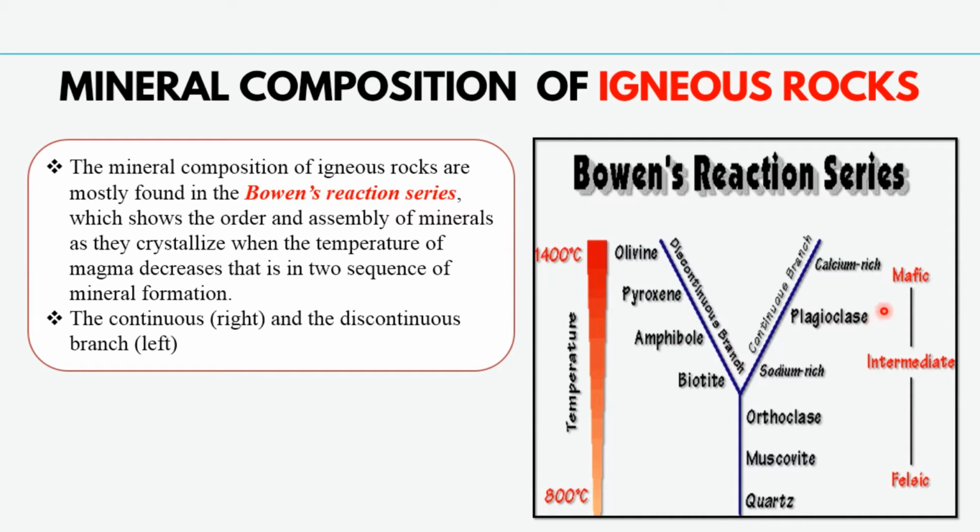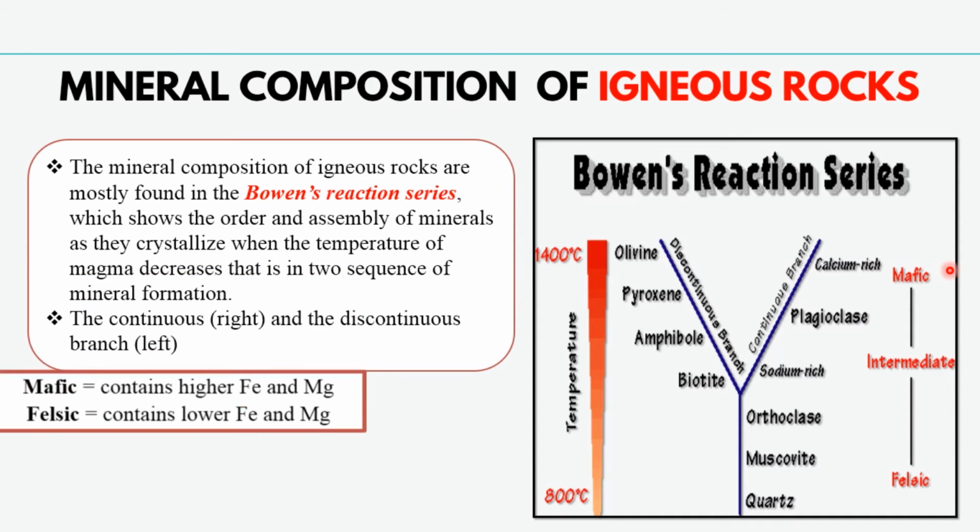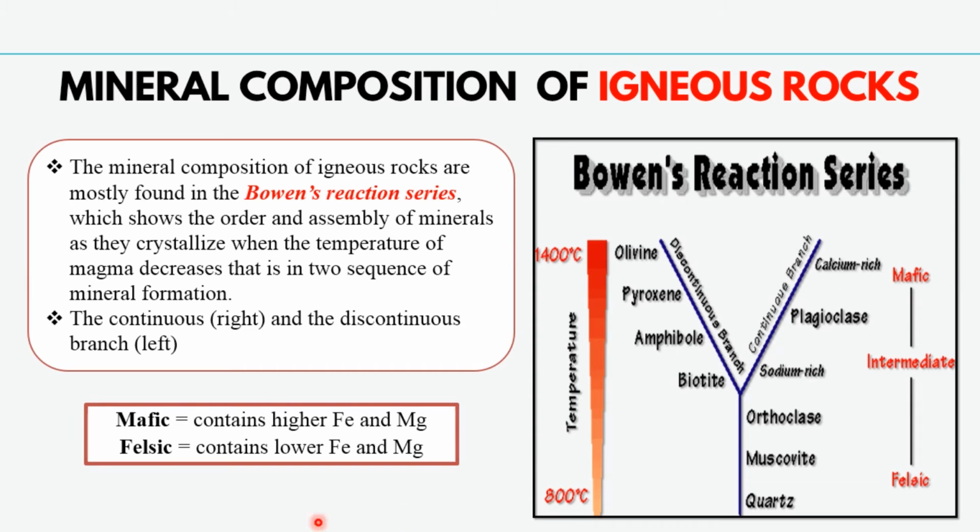Because of the temperature, this plagioclase can produce another type of mineral, which are orthoclase, muscovite, and quartz. So always remember, when we say mafic, it contains higher iron and magnesium. Felsic, on the other hand, contains lower iron and magnesium. So this is the mineral composition of igneous rocks.